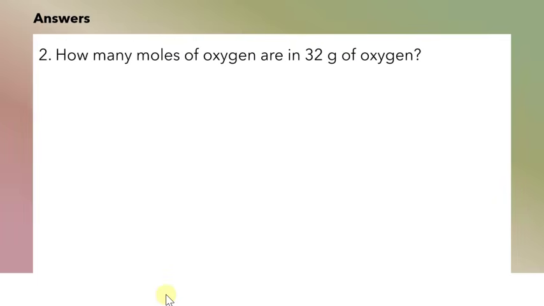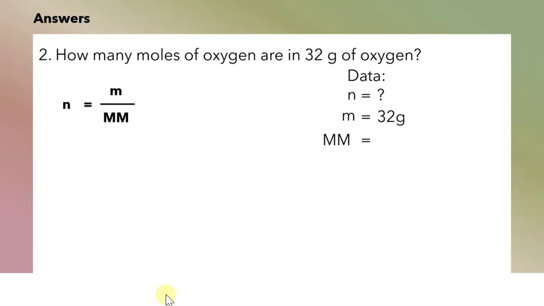Number 2, we had this question which says how many moles of oxygen are in 32 grams of oxygen. Okay, so the same formula, number of moles. So data is: number of moles is a question mark because that's what we are looking for. Then mass, we are given 32 grams. Then molar mass of oxygen is 16 grams per mole because oxygen is O and it has 16 there.